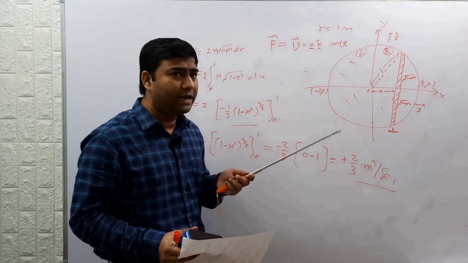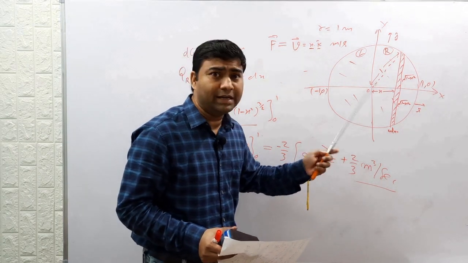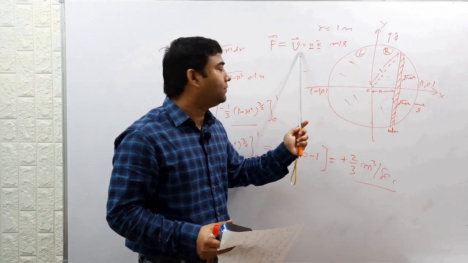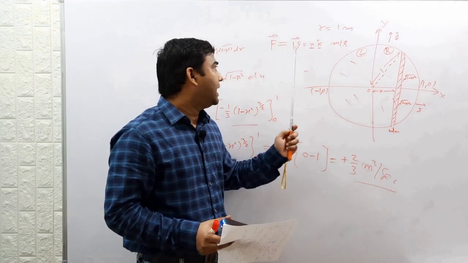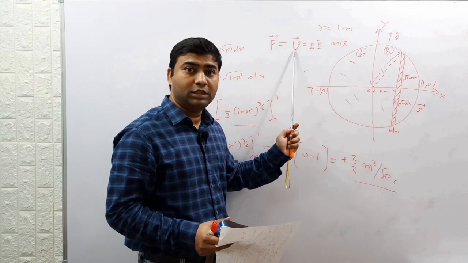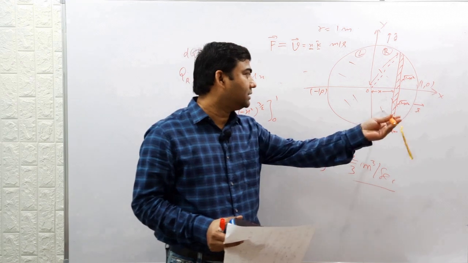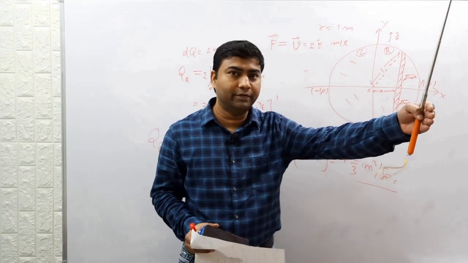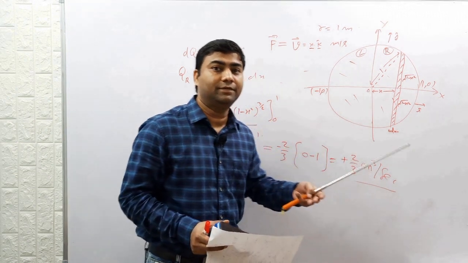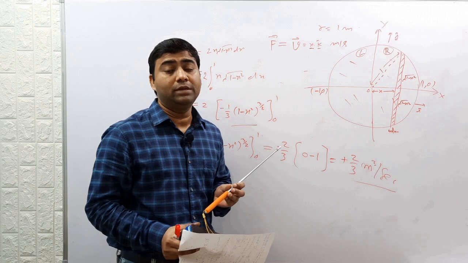That means the flux along the field is negative. Along the field means along the velocity. Velocity is in the above direction and area is in the reverse direction. So we can say flux along the velocity is negative if we assume the below direction is positive.